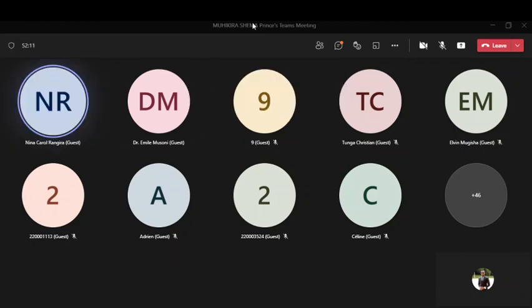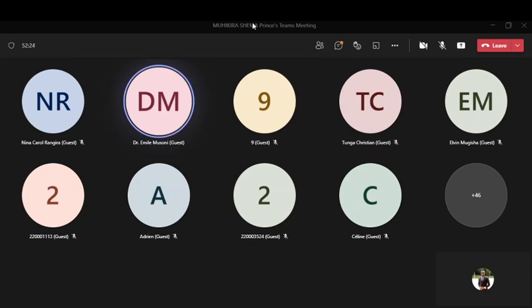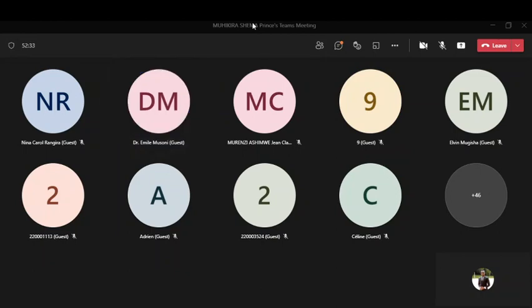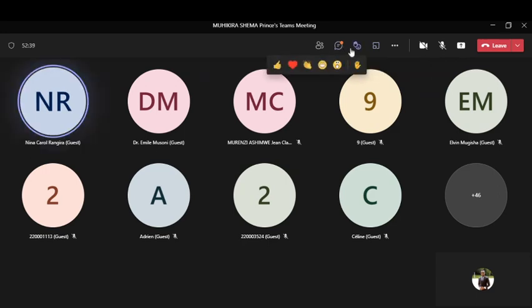Question. Yeah. What's the difference between diagnosis and prognosis? We need the audience to give us the answer. What is a prognosis?